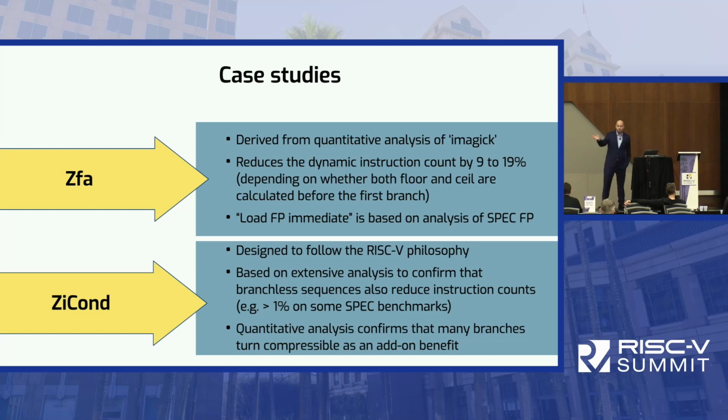So let's look at 2 recent case studies. Some of that, actually most of that, is on our public mailing lists to follow up on. ZCon is currently, I think, in review. CFA is also going into review. So these were very strongly based on quantitative analysis. We have new rounding instructions.